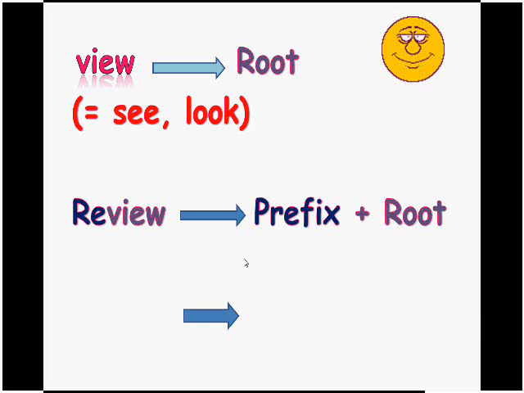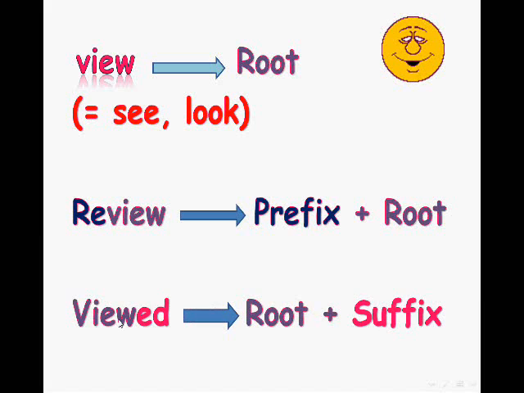Also, if I have viewed, then again I have the root, which is view, and a suffix, which is ed. Each prefix and each suffix indicates a meaning. So here the word view is the root, and I can add a prefix to it, so it will be review, or I can add a suffix to it, which is ed, and it is going to be viewed.